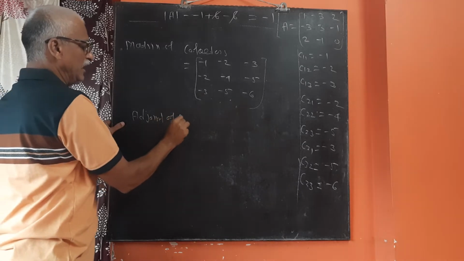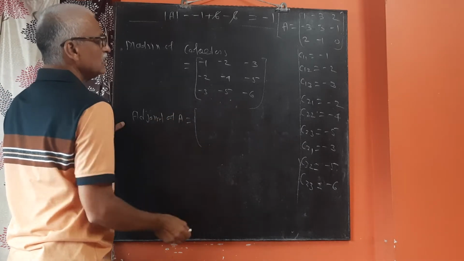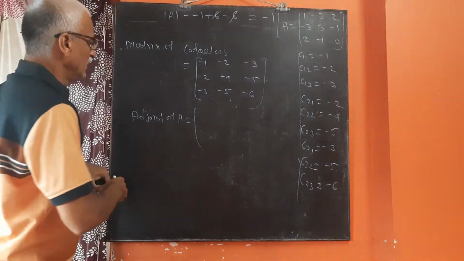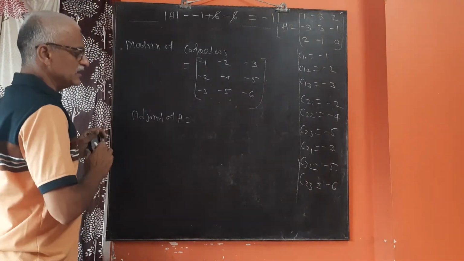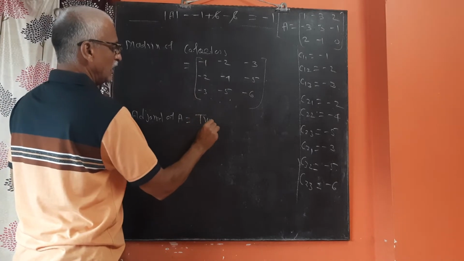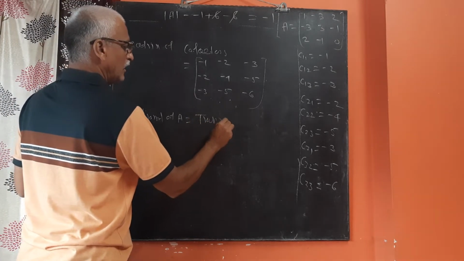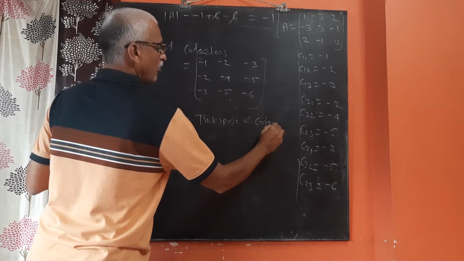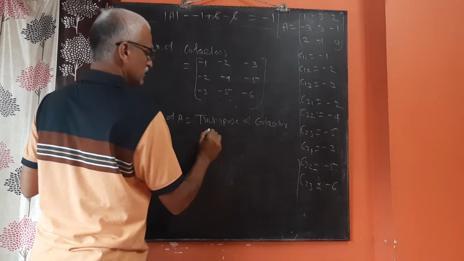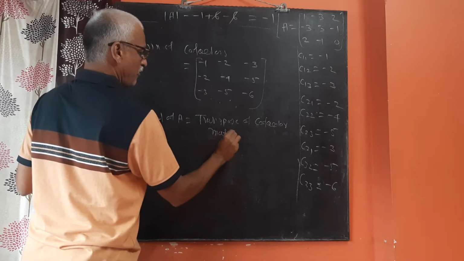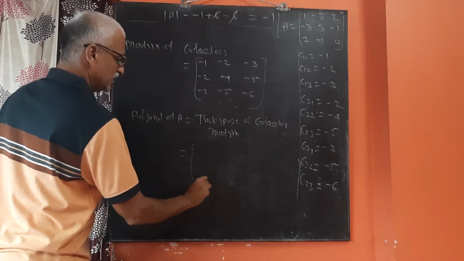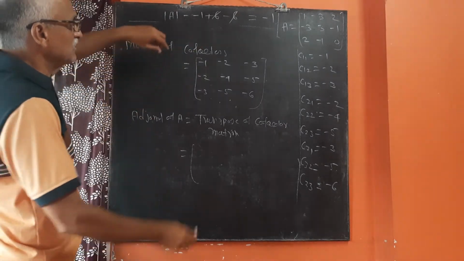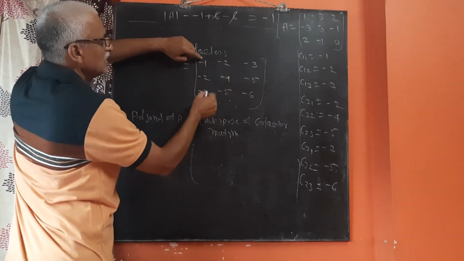Adjoint of A is equal to the transpose of the cofactor matrix. Transpose means rows into columns, the first row into the first column.